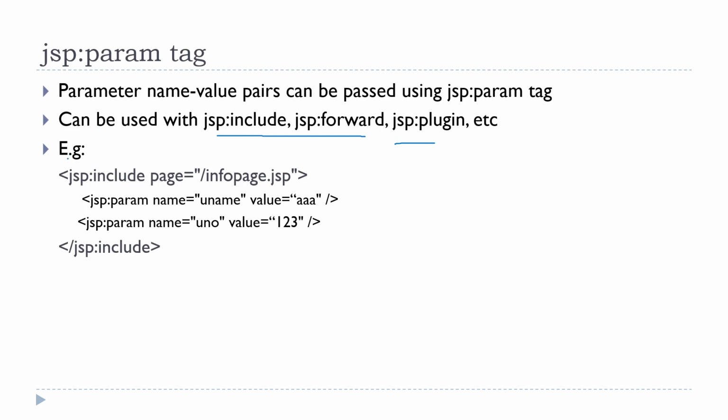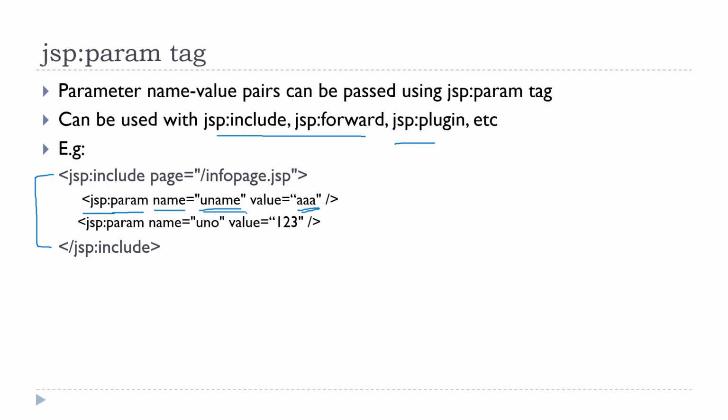The syntax is as follows. Inside a JSP include tag, we can specify the parameters. JSP param is the tag that we use to pass parameters, and in that we have an attribute called name. So your username, uname, is the attribute, and it has the value AAA.